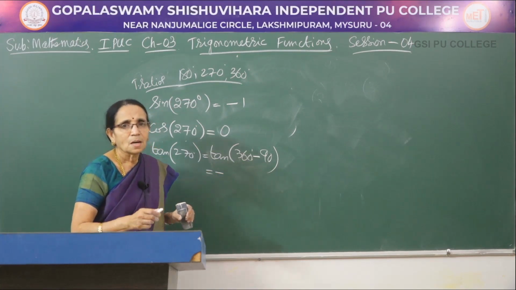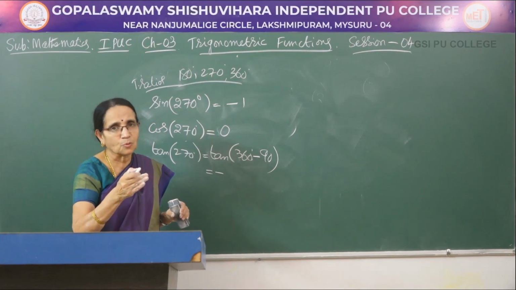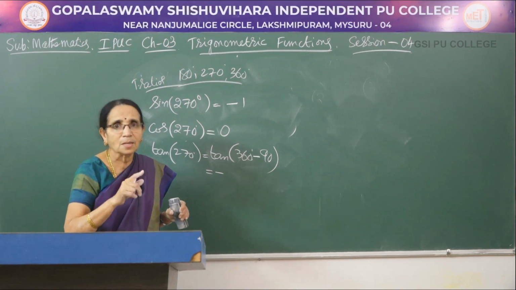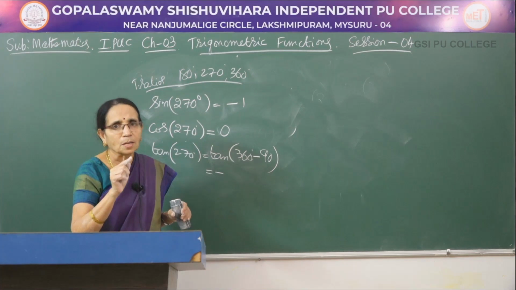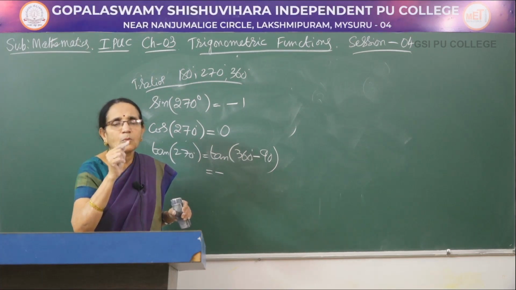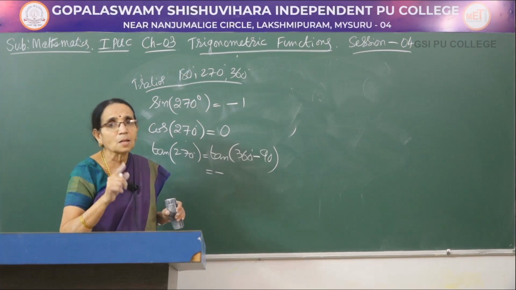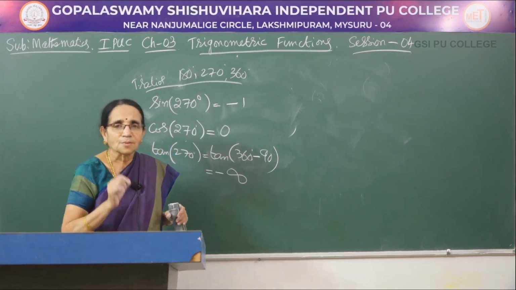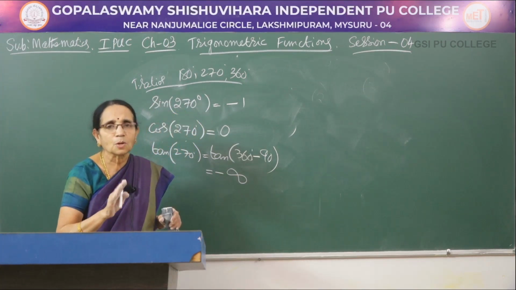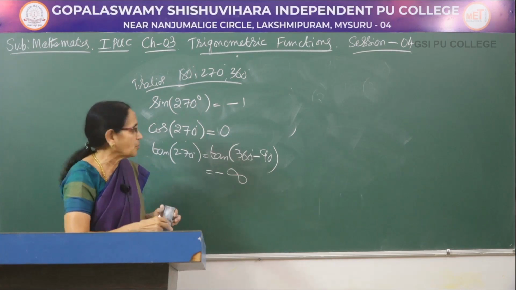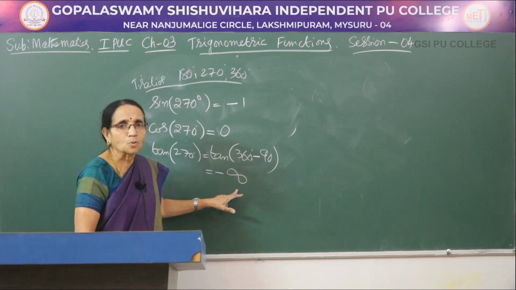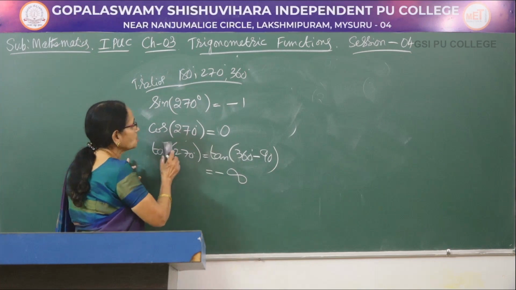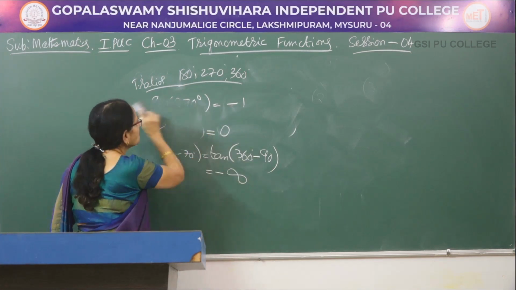When we find tan 90, we always get 0 in the denominator. Using the standard values, tan 90 is 1 by 0, since sin 90 was 1 and cos 90 was 0. So, tan 90 would be 1 by 0, not defined. I had given it in the table as not defined, but for practical purposes, we denote it as infinity. Strictly speaking, it is not defined. Whenever 0 comes in the denominator, it is not defined, but we write it as infinite; it's a notation for a huge quantity. So, we write it as minus infinity. So, the values are minus 1, 0 and minus infinity.